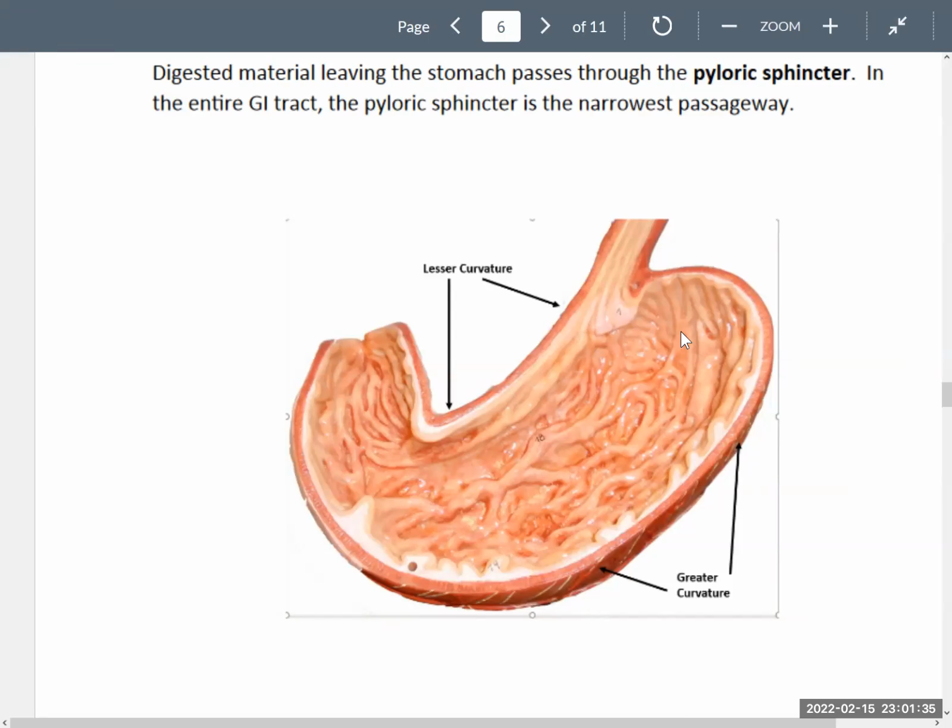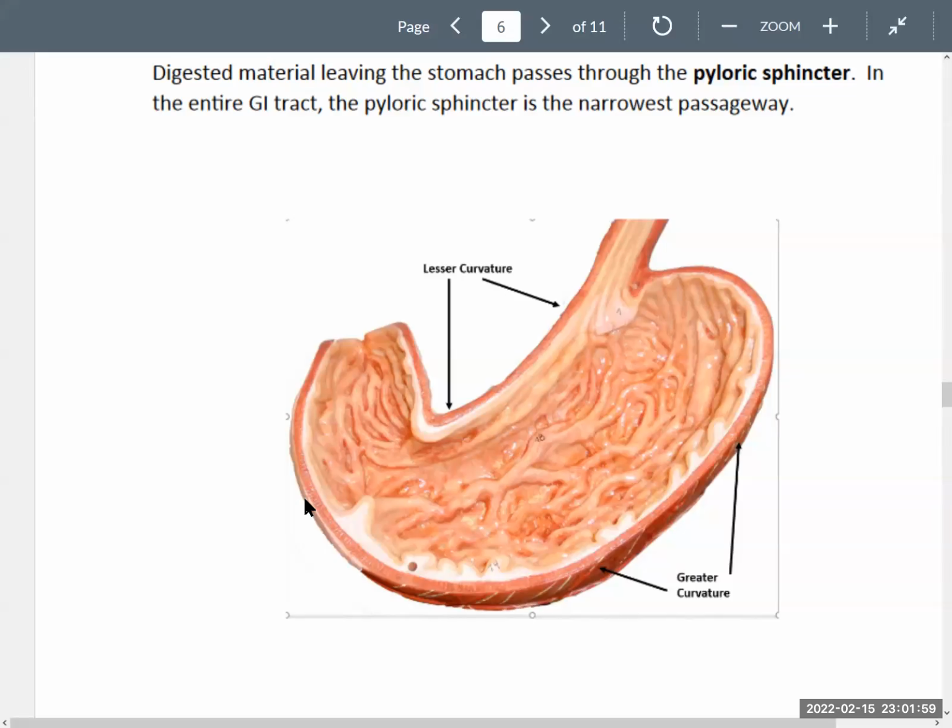The text says that there's a membrane that attaches to the greater curvature. Well, there is. It's not showing in here. It's a huge membrane that covers all the small intestines. It's called the greater omentum, but it can also be called the fatty apron.